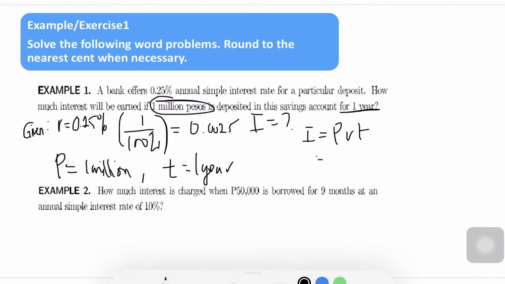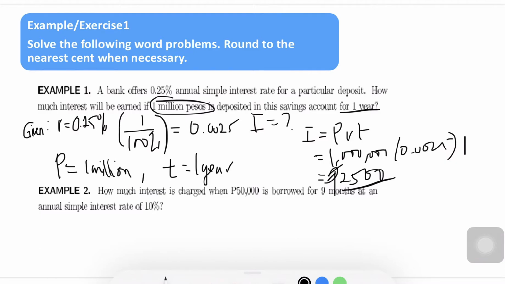Just substitute 1 million times 0.0025 times 1. What is that equal to? 2,500 pesos. So after 1 year, your 1 million pesos will gain 2,500 pesos.